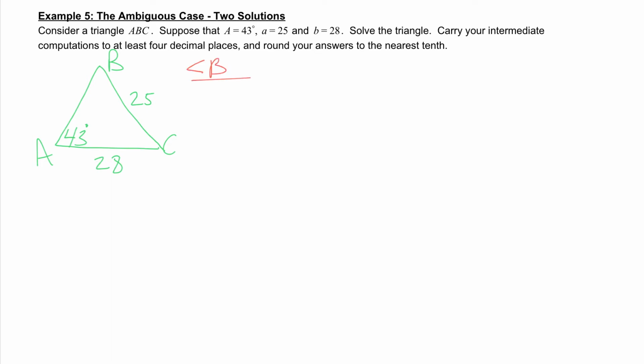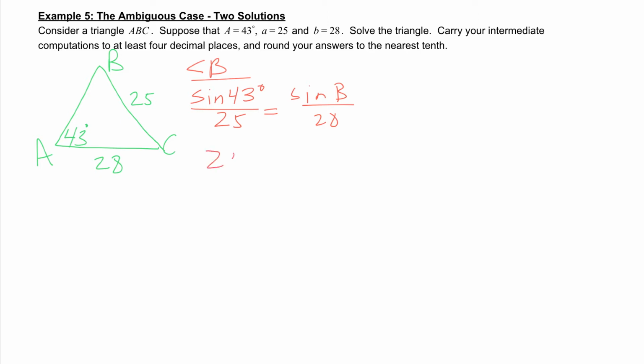So to find angle B, we're using angle A and side a with our law of sines, and we get the sine of 43 degrees over 25 equal to the sine of B over 28. And then what we're going to do is cross multiply.